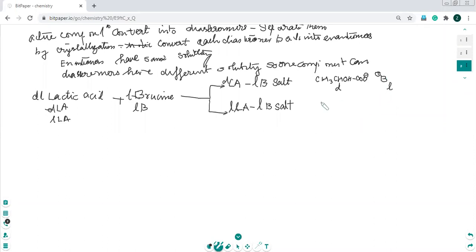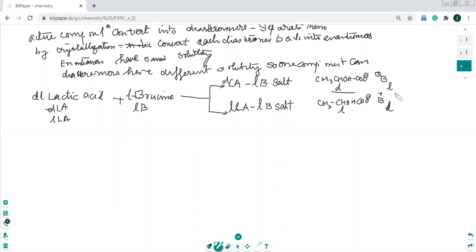Now you have the L lactic acid and brucine salt. This is also L. Now see here, this is D, this is L. So this side of the molecule are non-superimposable mirror images.